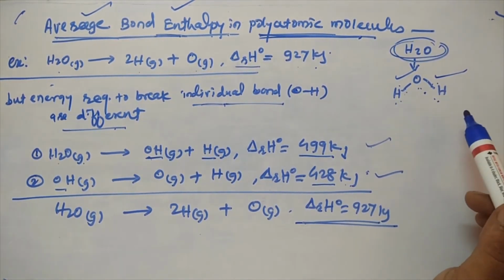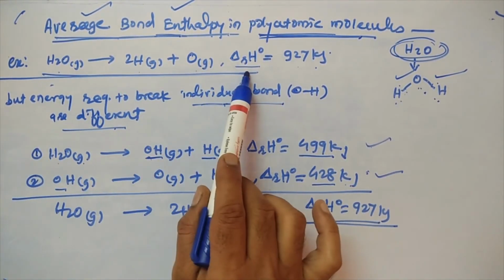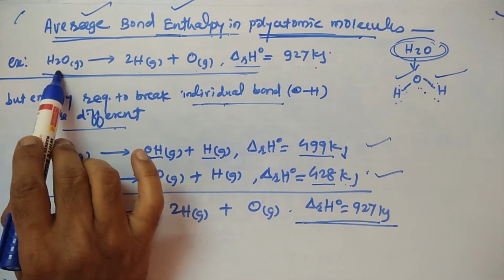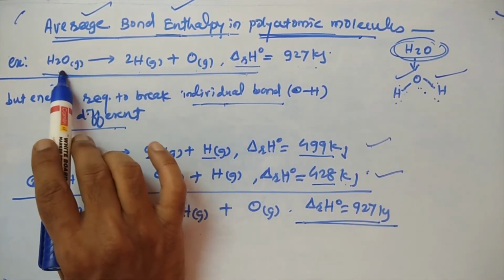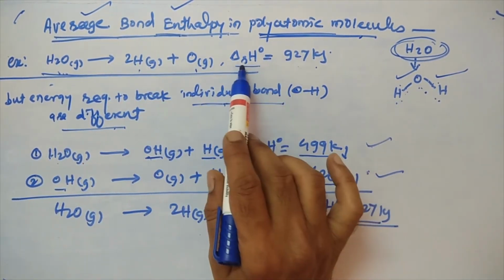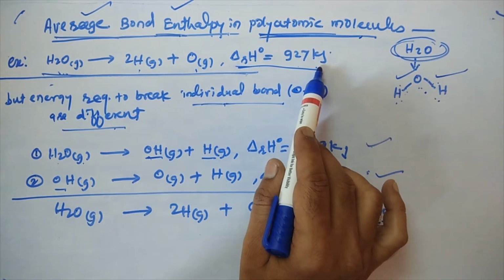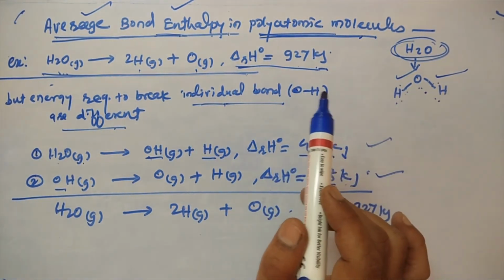Now see, here one equation is given: when the H2O molecule breaks to give 2 hydrogen atoms and 1 oxygen atom, the bond enthalpy for the reaction is 927 kilojoules.